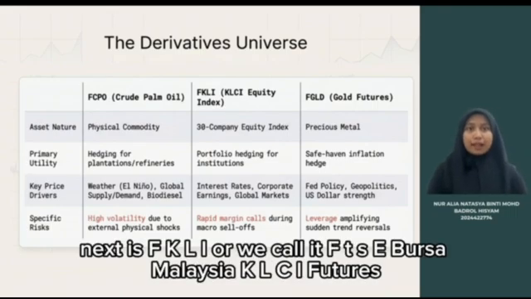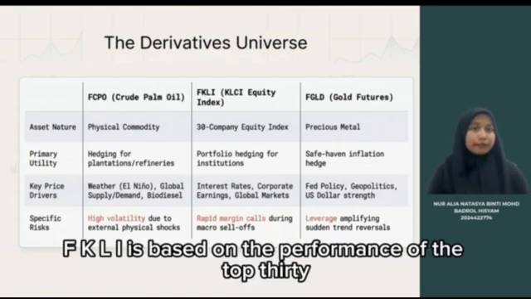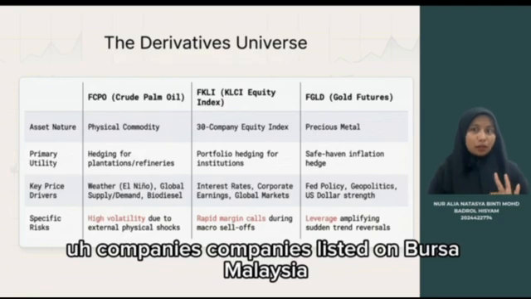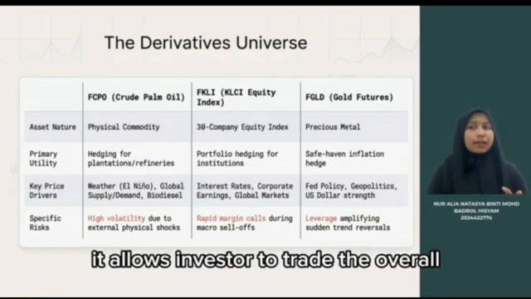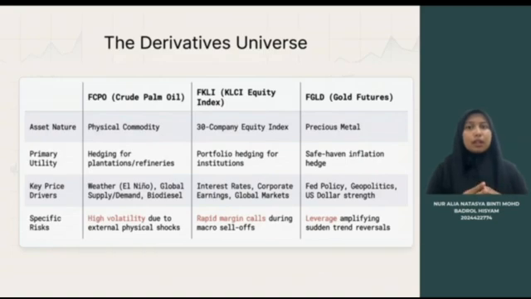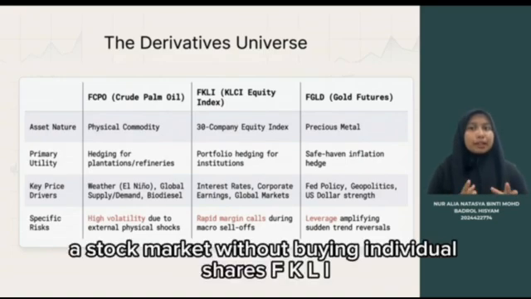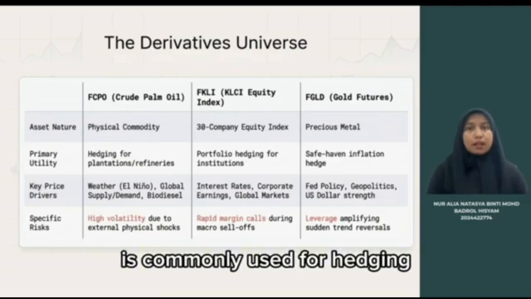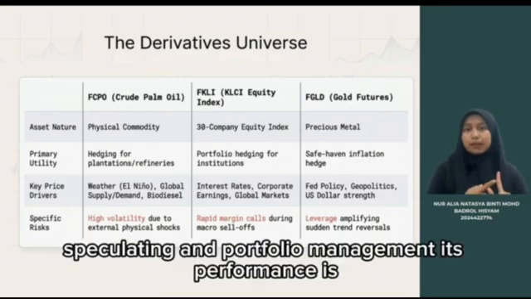Next is FKLI, or we call it FTSE Bursa Malaysia KLCI futures. FKLI is based on the performance of the top 30 companies listed on Bursa Malaysia. It allows investors to trade the overall stock market without buying individual shares. FKLI is commonly used for hedging, speculating, and portfolio management.